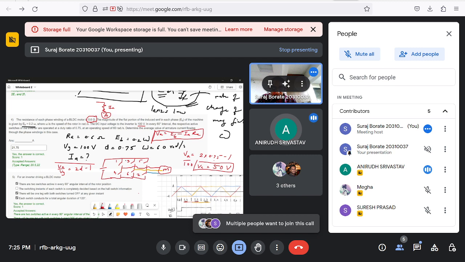Yeah, so we will have to modify this formula. Now we write this as VA equal to 2 times EB, and 2 times IA RA.